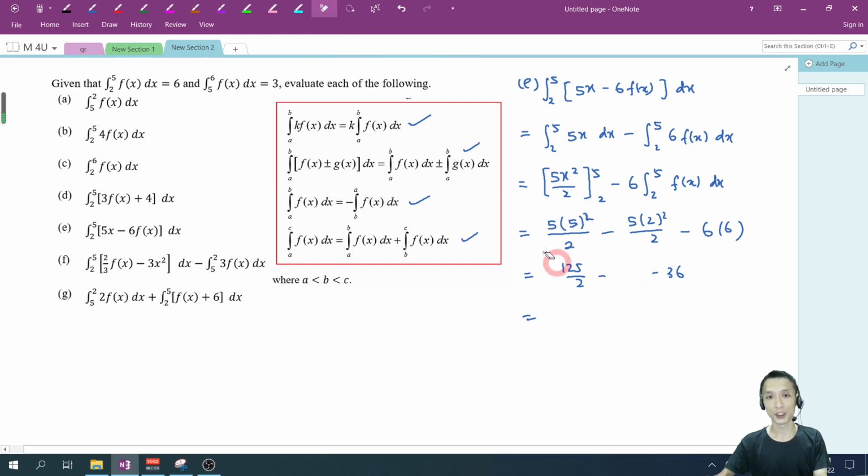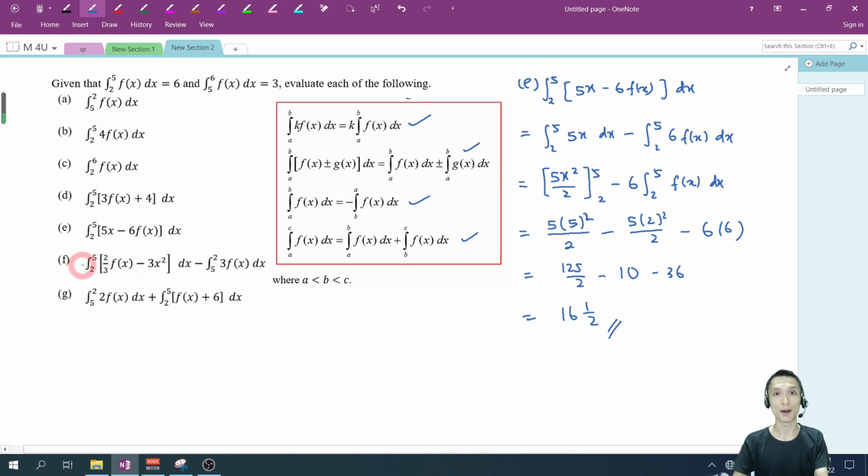This one should be 10. This is 4, 4 divided by 2 you get 2, 5 times 2, should be 10. Let me calculate again: 125 over 2 minus 10 minus 36. The answer is 16.5, or you can write 16 and 1 over 2.